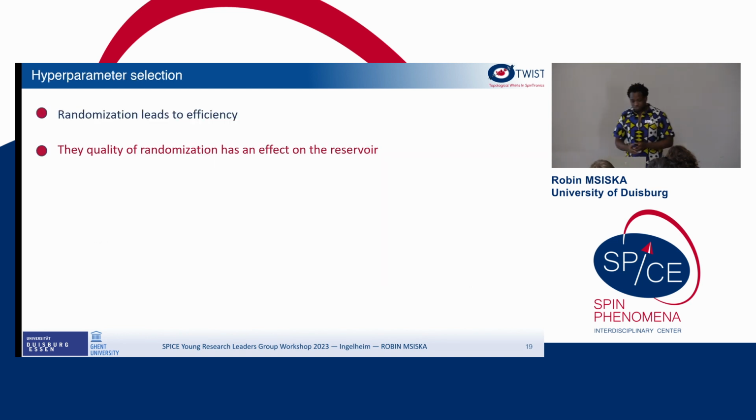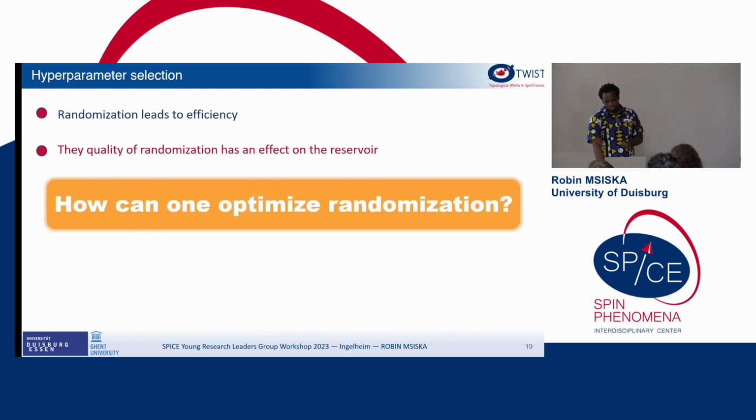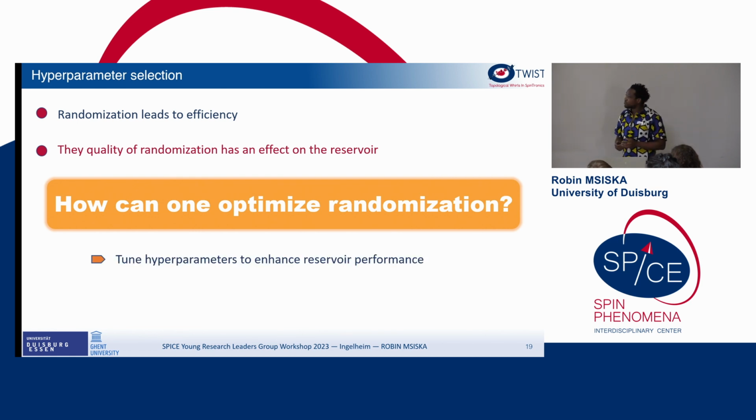So to study how to improve reservoir performance, we start with acknowledging that randomization leads to efficiency, but at the same time, the quality of randomization has an effect on how your reservoir performs. So how can we improve this randomization? Well, the best way to do this is to tune hyperparameters to enhance performance.